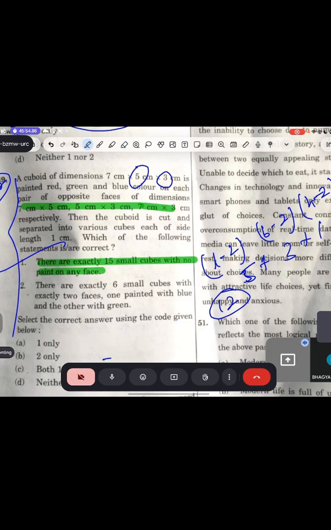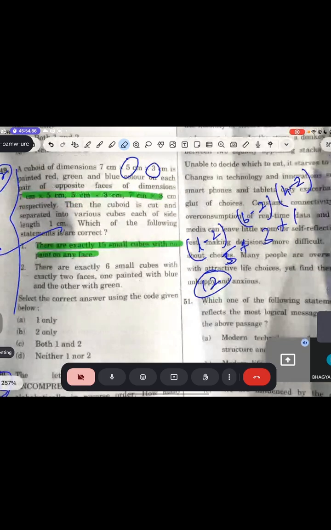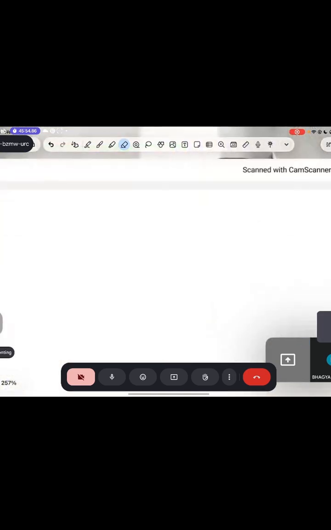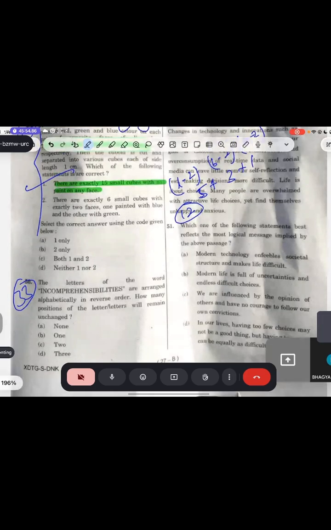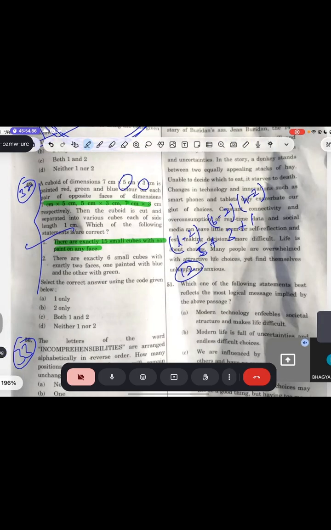Now the second statement says there are exactly 6 small cubes with exactly 2 faces painted, one with blue and the other with green. Guys, be smart here. I don't know how to draw the cuboid, but I will try. Don't laugh. Suppose this is red, and the other colors are blue and green.